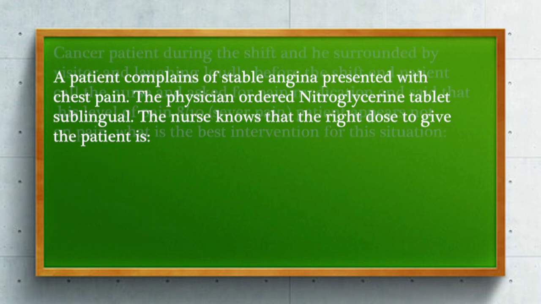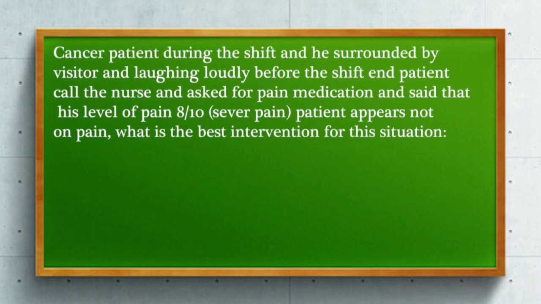Next question. A cancer patient is surrounded by visitors and laughing loudly before the shift ends. The patient calls the nurse and asks for pain medication and says his level of pain is 8 out of 10, severe pain. The patient appears not to be in pain. What is the best intervention for this situation?